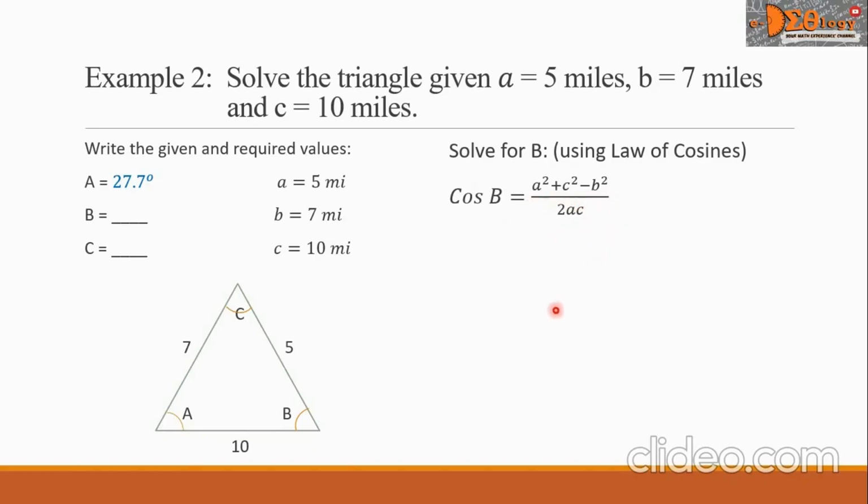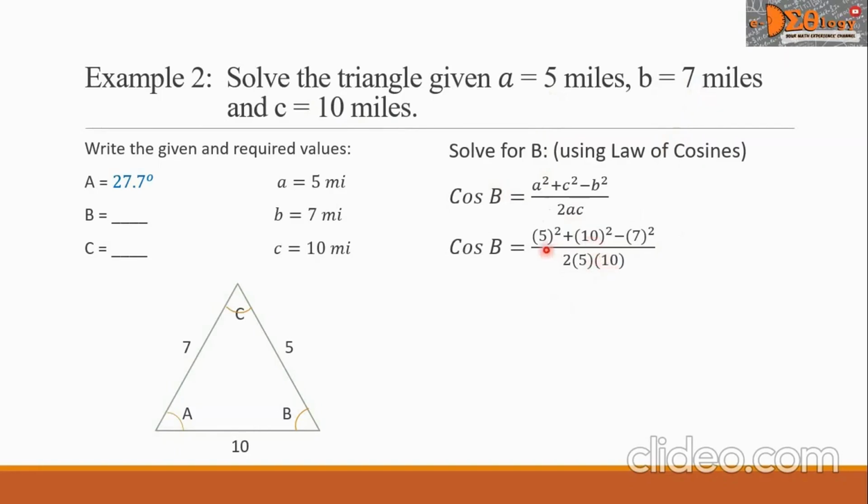Let us substitute the values. So this is now the cosine B equals 5 squared plus 10 squared minus 7 squared all over 2 times 5 times 10.